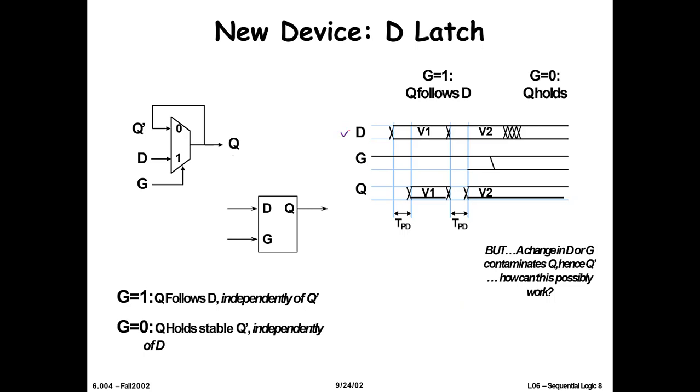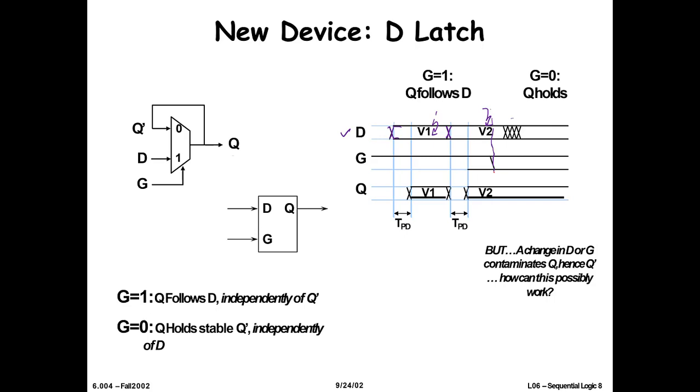So on top we have the D data input, and you see here the data input is changed. This X shows that it is changed here. Then we have a value which is V1. Then it changes again here, and then we have another value V2, and then there are some changes here. Let's see what happens to the gate. The gate is 1 all the way, and it changes at this point.